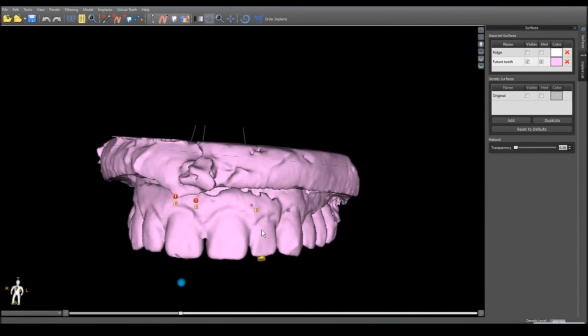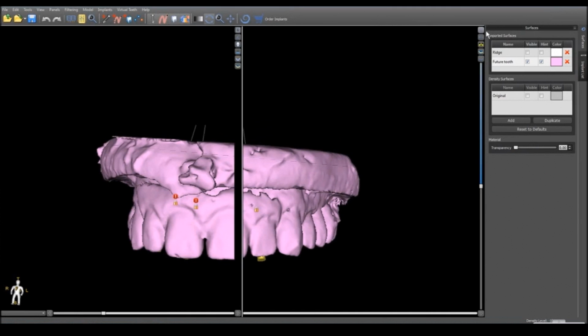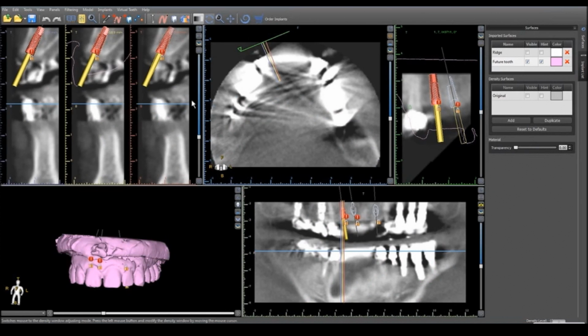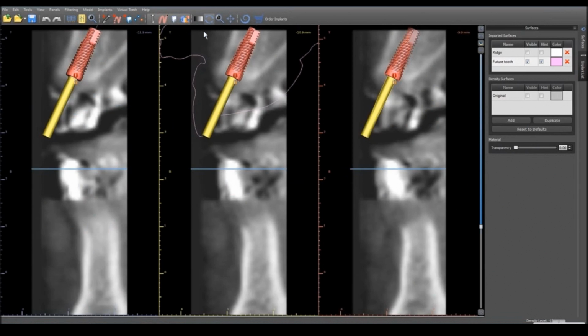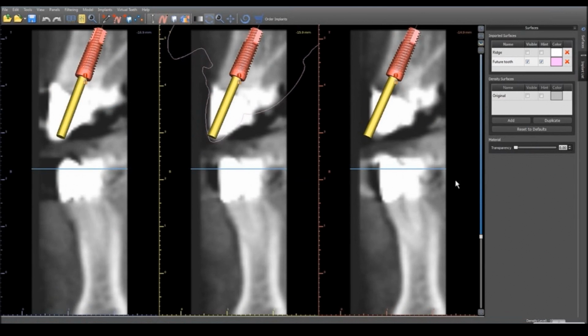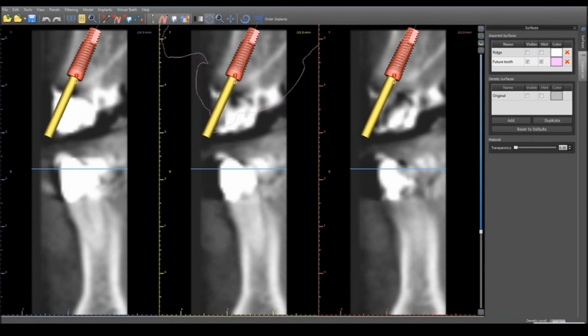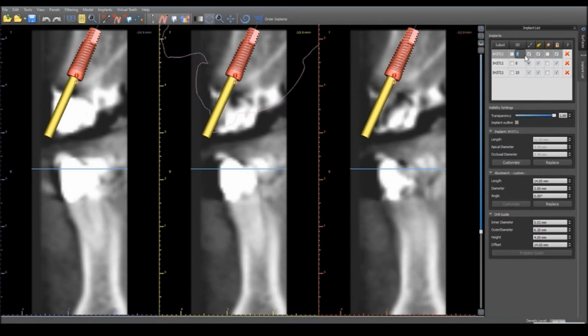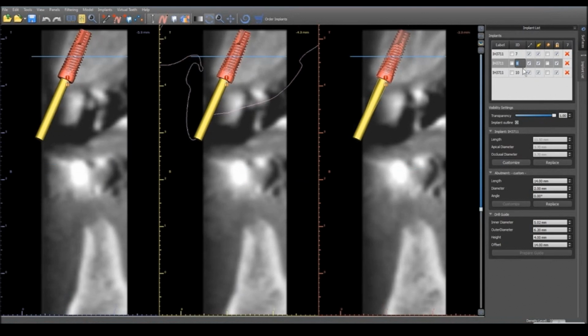The cross-sectional view of the flipper was projected onto the cross-sectional views. Here's number 7. Number 8, nice outline of the incisor.